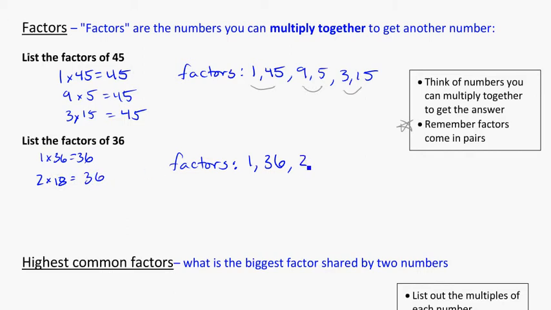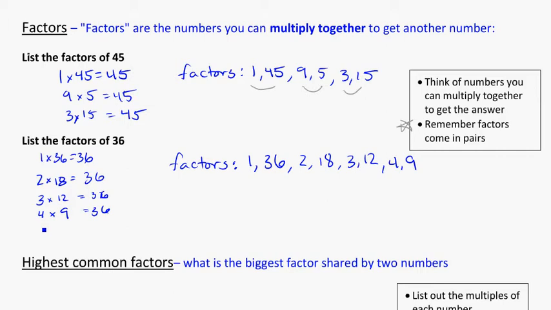So I have 2 and 18. I can also do 3 times 12, and that will get me 36. So I can have 3 and 12. I can also do 4 times 9, and that will get me 36. So I can include 4 and 9.